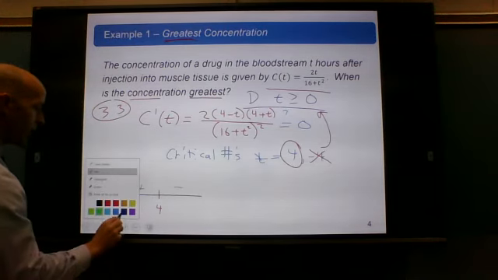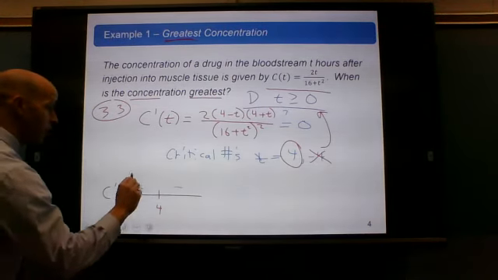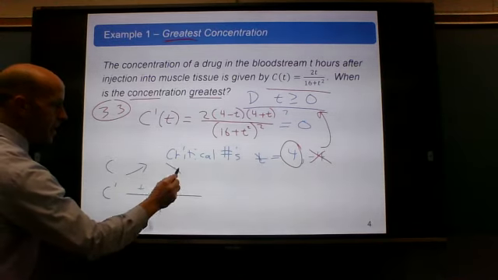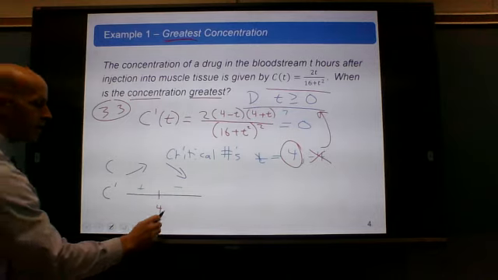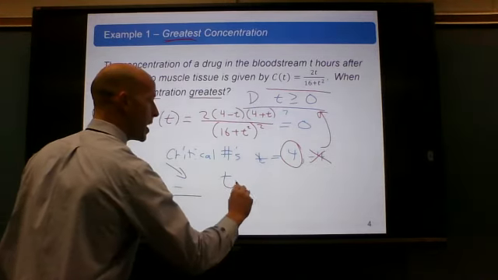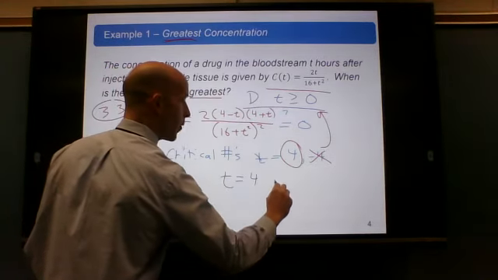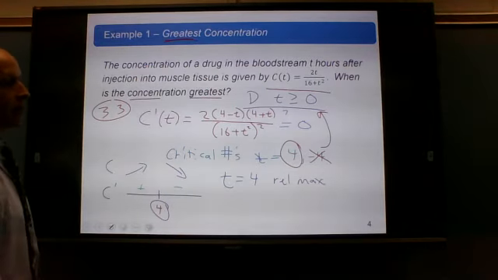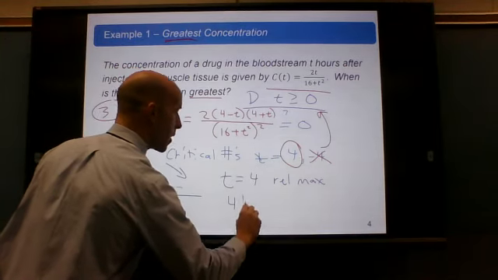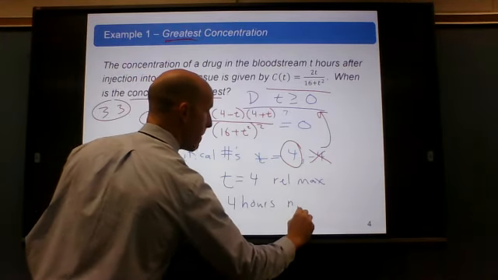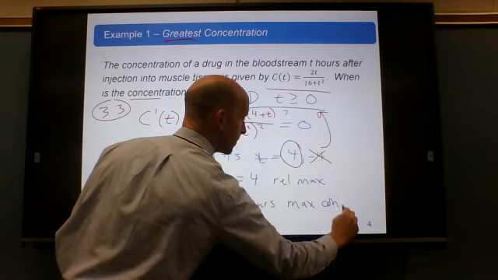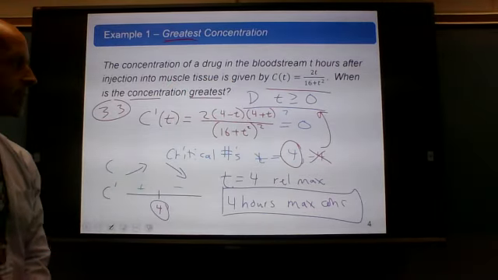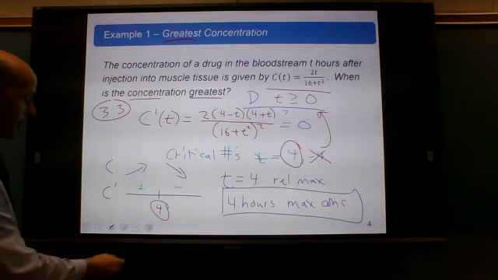In other words, our function C is going to be increasing here and decreasing over here. So that makes t equals 4 the relative max, and that's what we're looking for. In other words, at 4 hours, we will hit max concentration. And that's the answer to our problem. Okay, so this is my first example of an optimization problem.